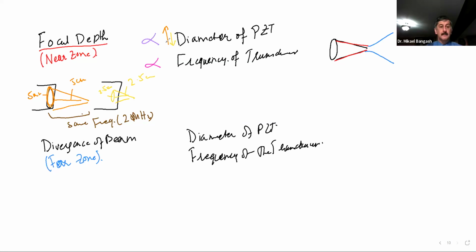Did that make sense? So as far as the focal depth, we could say that was going to be directly proportional to the diameter of the transducer.